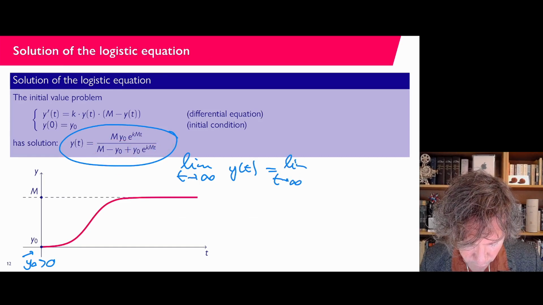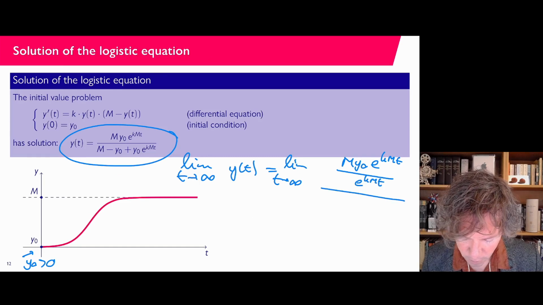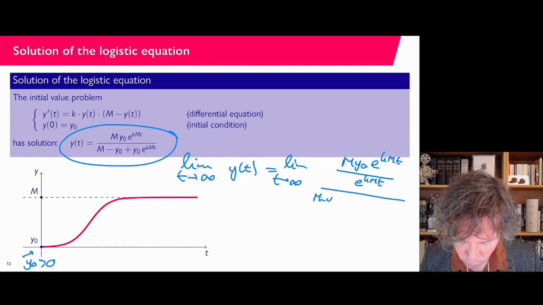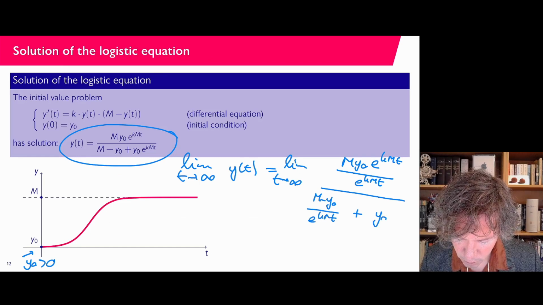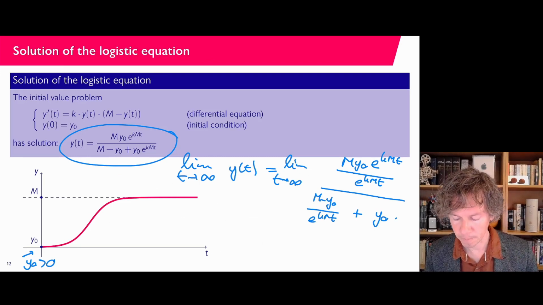t is going to infinity. In the numerator, I have my0 exponential kmt. And I divide that by the exponential. In the denominator, I have m minus y0 divided by the exponential plus y0 divided by the exponential, but that means it's gone there.